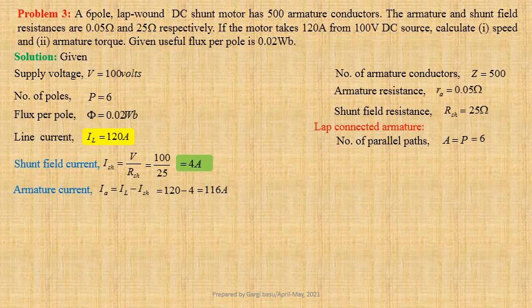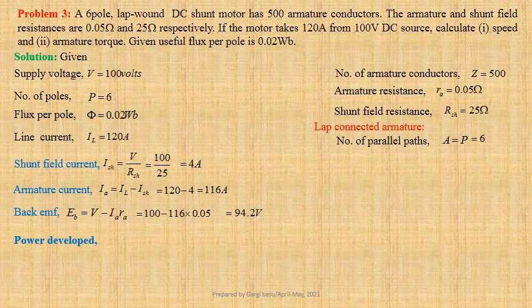Let us now calculate back EMF. EB equals V minus IA times RA. Here we are neglecting brush contact voltage drops. Using values we get EB equals 100 minus 116 into 0.05. That gives us 94.2 volts.